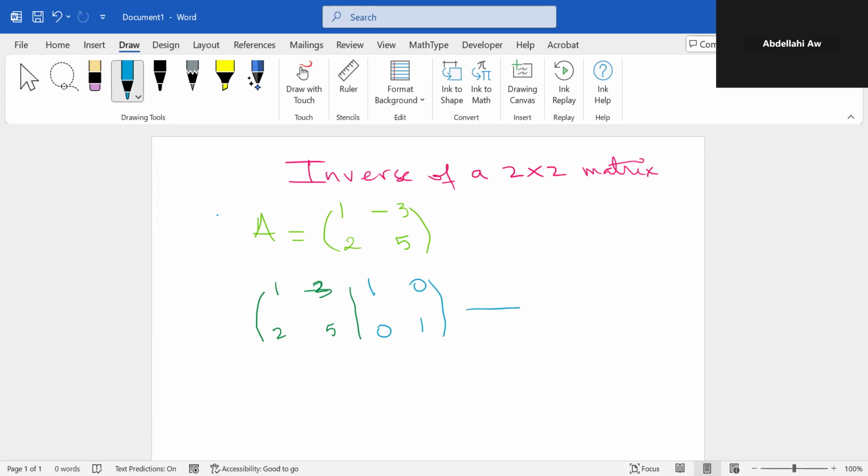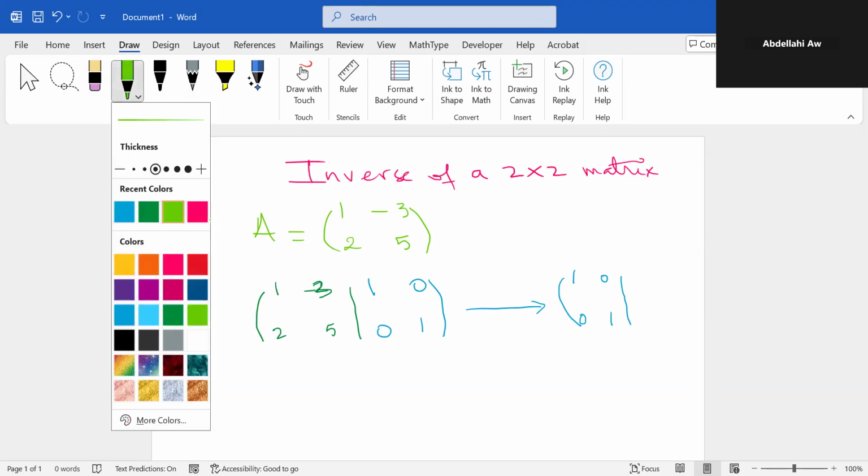And then do the necessary steps until the identity comes to the left side. And then what is going to be on the right side would be the inverse of A.